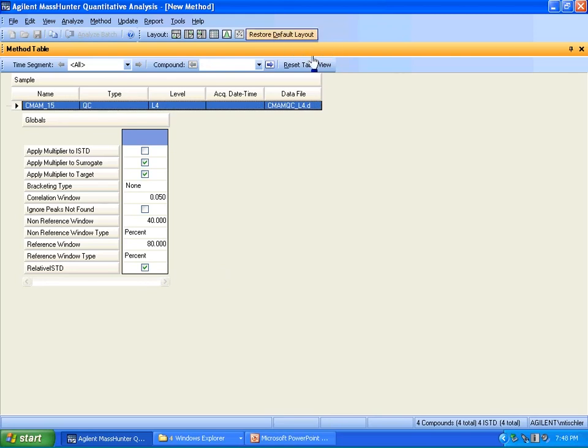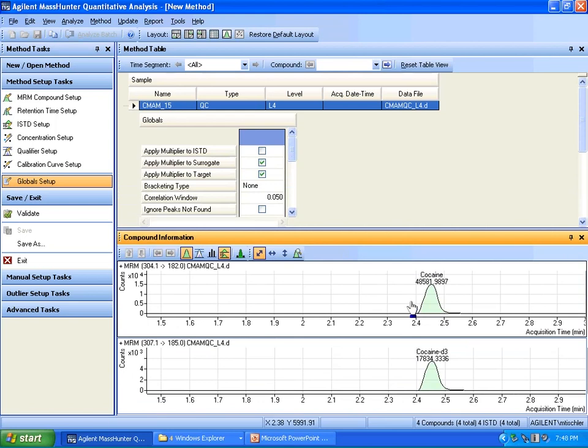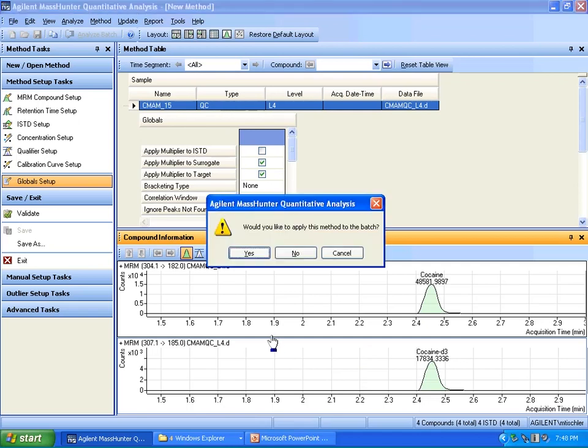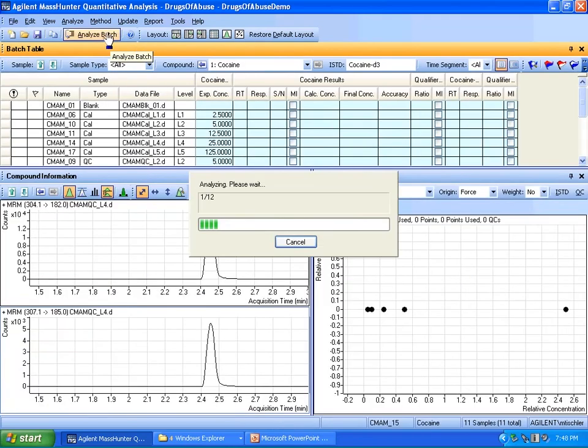So I will go back. I still see my cocaine and my cocaine deuterated ISTD. Let's see what happens when we go back now and apply this method and then analyze it.